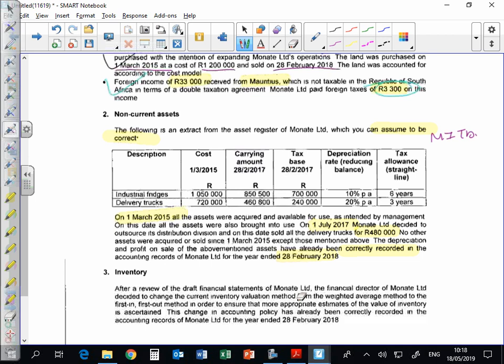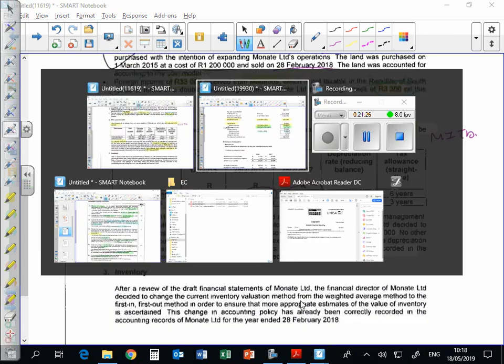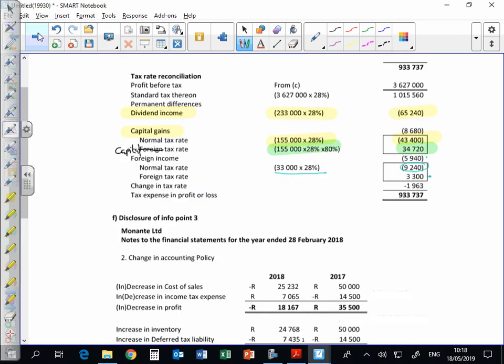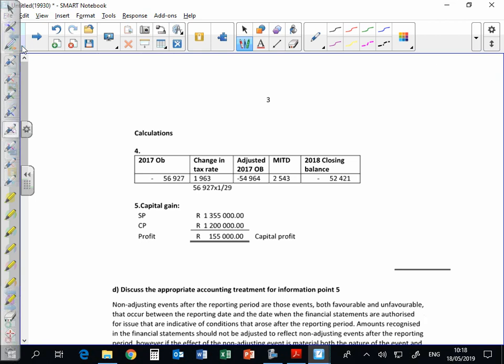Firstly, I'm going to start with what they gave me that I can use off the bat. They gave me the carrying amounts and the tax bases for all of these vehicles for the 2017 financial year, and I'm going to put them into my calculation for 2017, just like that.